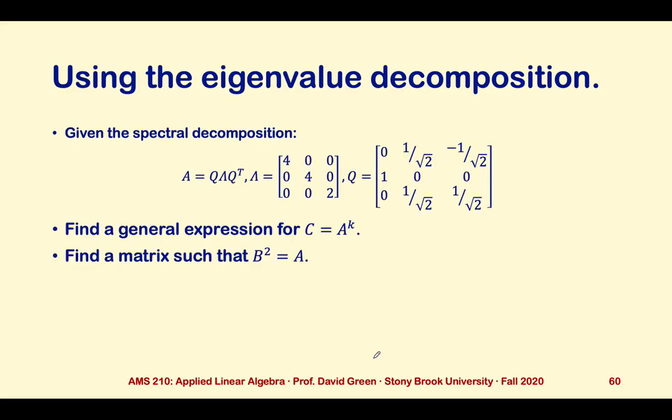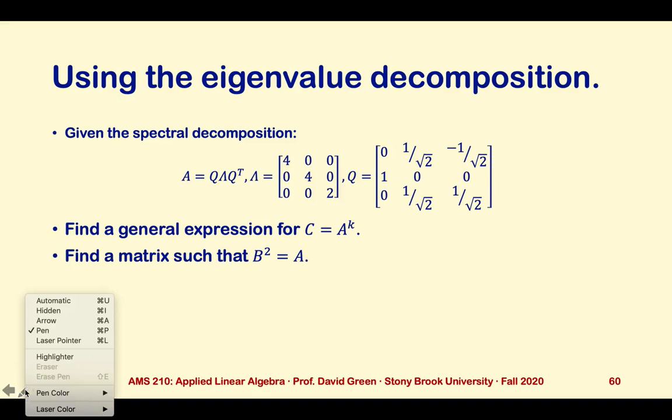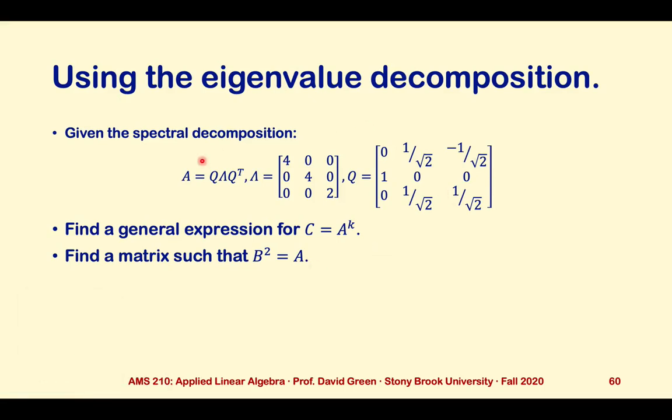Okay, so in a final example, let's think about how we can use the eigenvalue decomposition. Here we are given an eigenvalue decomposition, actually the decomposition that we just evaluated, A equals Q lambda Q transpose, where lambda is given by this matrix and Q is given by this orthonormal matrix.